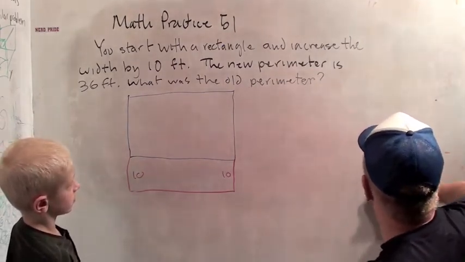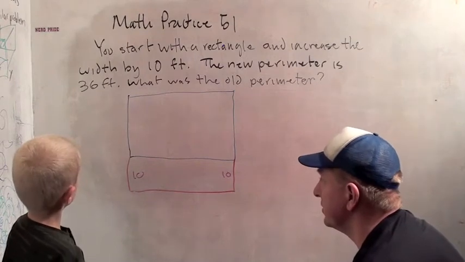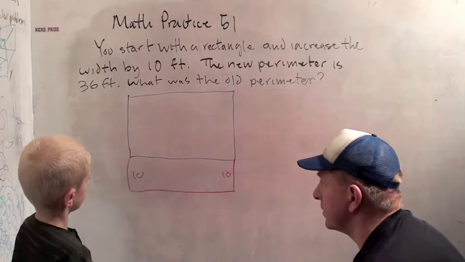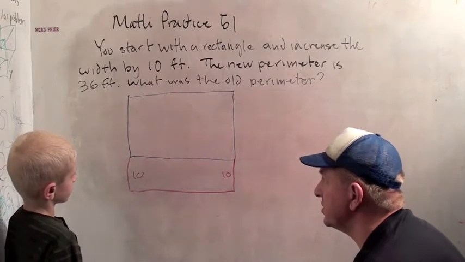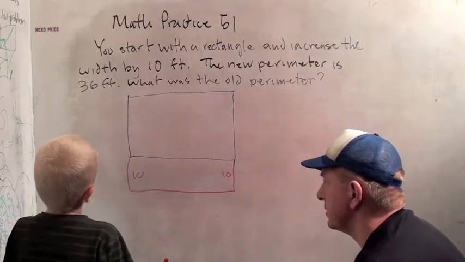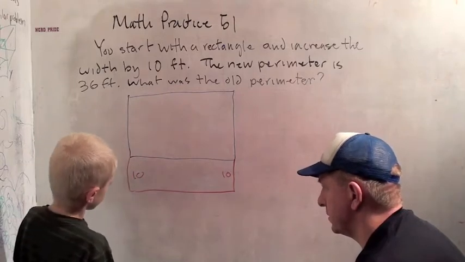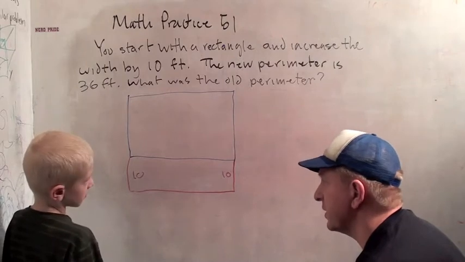Okay. How do you find the perimeter of the new rectangle? What do you do? Draw the perimeter. Yeah, draw around the perimeter. Like, what would you do to find the perimeter? Show me all the things you have to add up. Well, you have to add up, like... Okay, let's start easier.